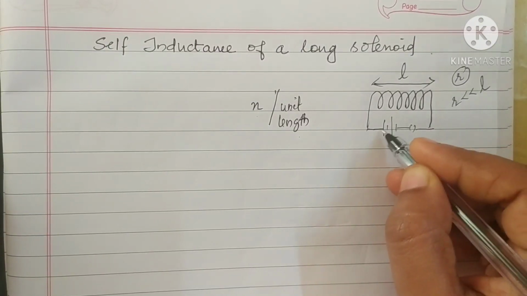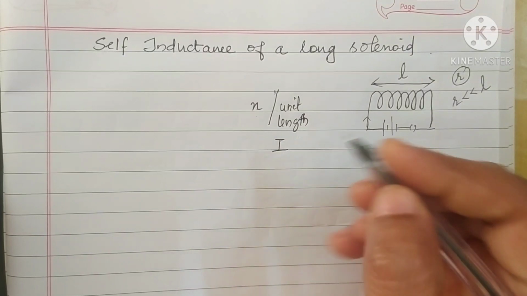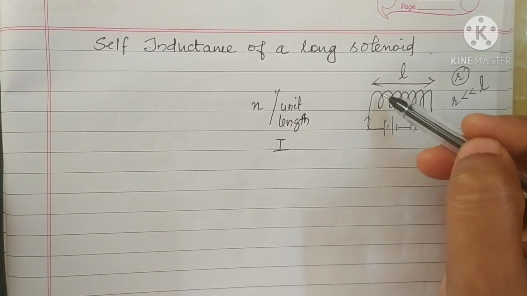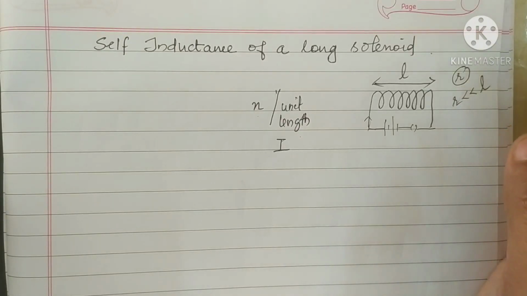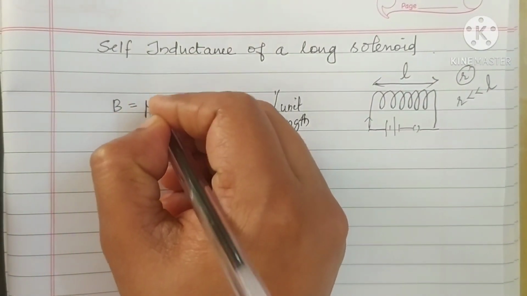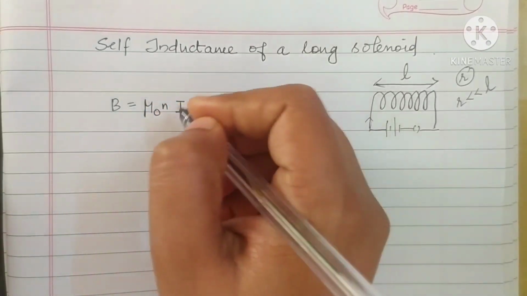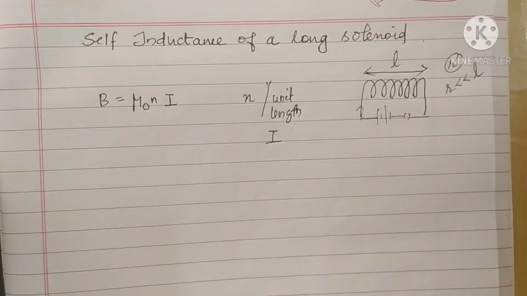I is the current flowing through the coil. Then the magnetic field inside the coil is almost constant, and the expression for the magnetic field is B equal to mu naught n I. You have studied this; for a toroid as well as a solenoid, you get the same expression, B equal to mu naught n I.